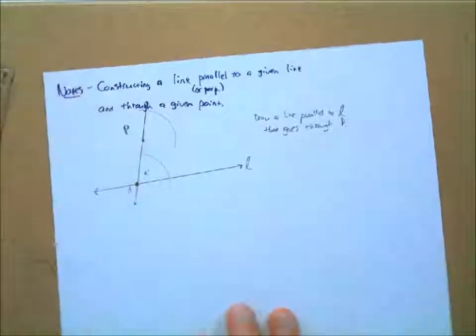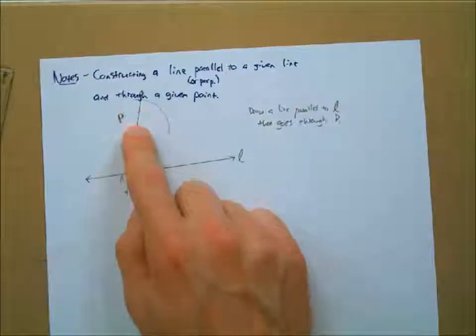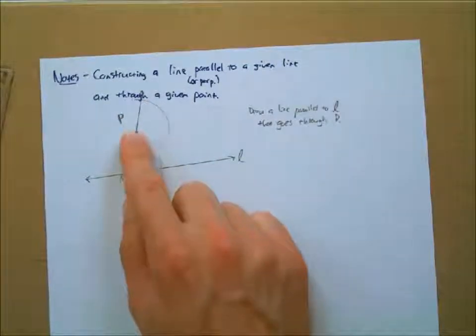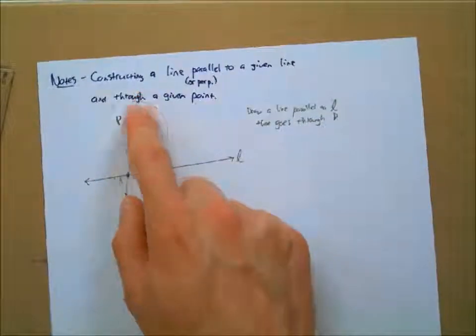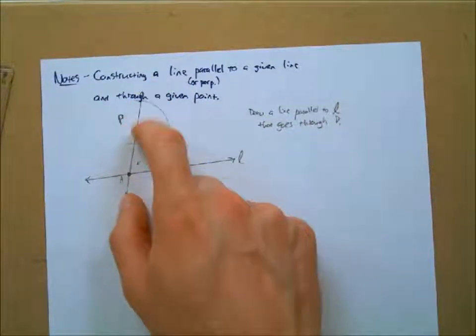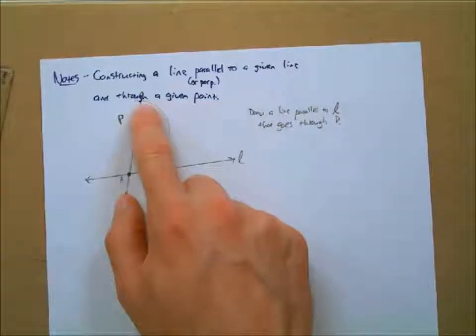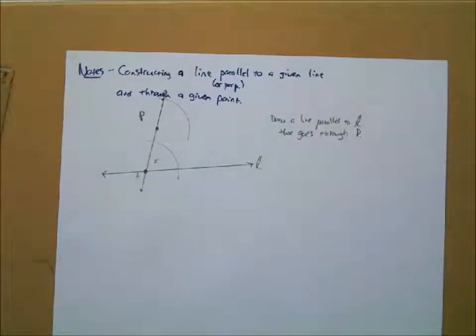If your arc from point P doesn't intersect the side, then extend it. You can use your straight edge to extend the side if you need to, so that the arc intersects it. Okay, but that's what we've got.